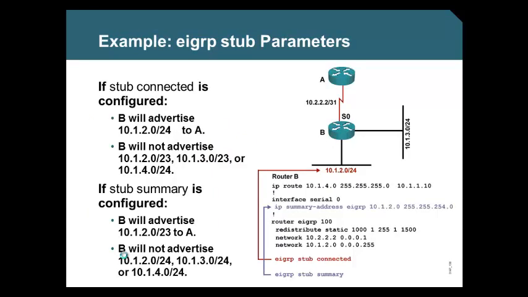Kindly go through this. I'll give you one minute and then I'll ask you a question. If B is configured as stub connected, will it advertise 10.1.0.0/16? 10.1.0.0/16 will be advertised if I have a summary route.